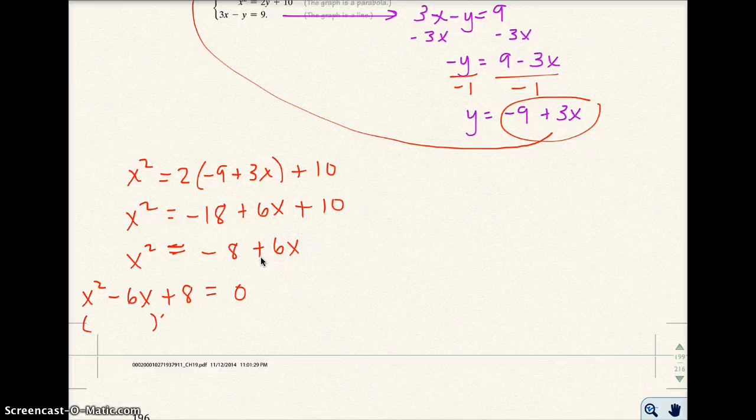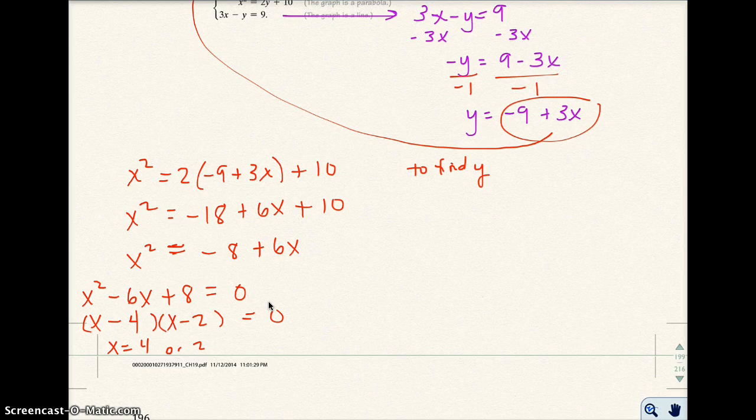I factor this: x minus 2 times x minus 4. Checking: x squared minus 2x minus 4x is negative 6x, plus 8. So x is going to equal 4 or 2. Now we have to find y.